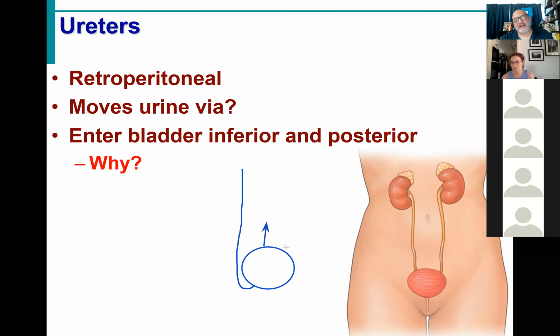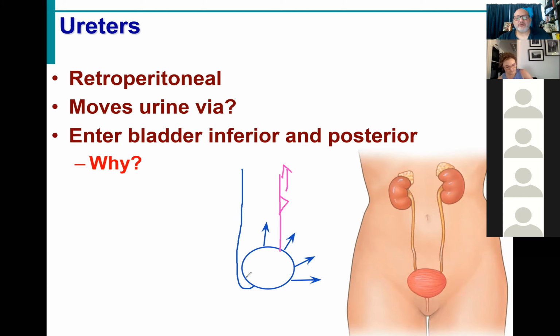First is that as the bladder fills with urine, it is going to expand. And if you think about it, if the ureters just connected to the top, as it expanded, that could actually cause a kinking in the ureter. And remember, as we talked about, that would be a very bad thing because we'd get a backup of pressure as a result of it.